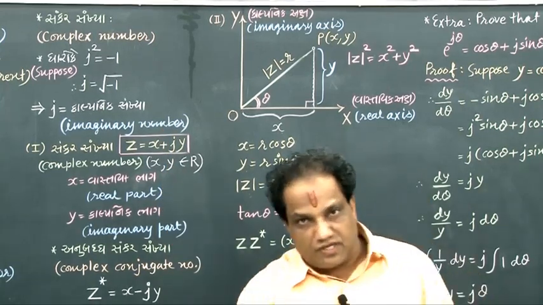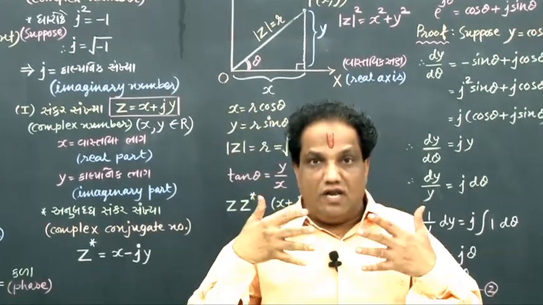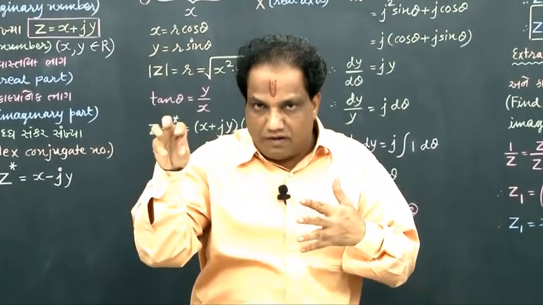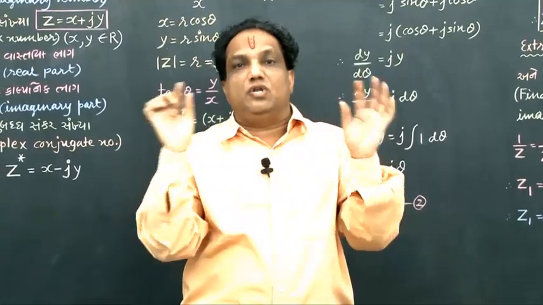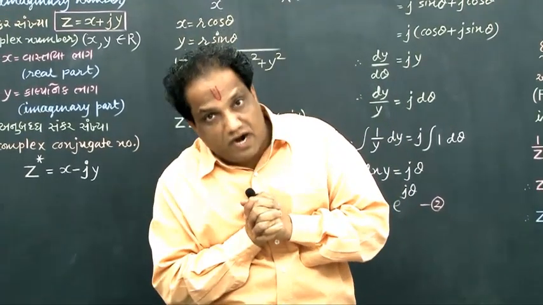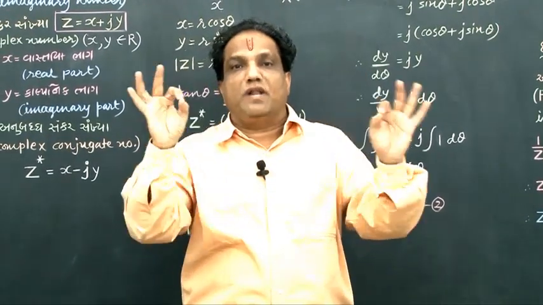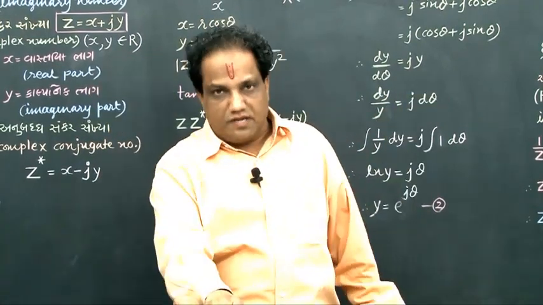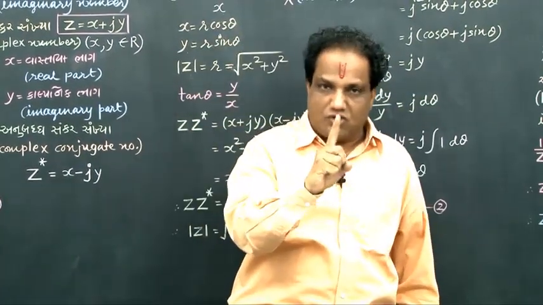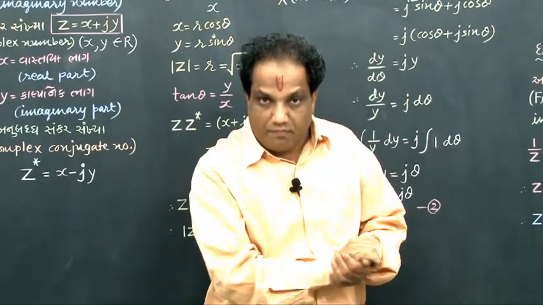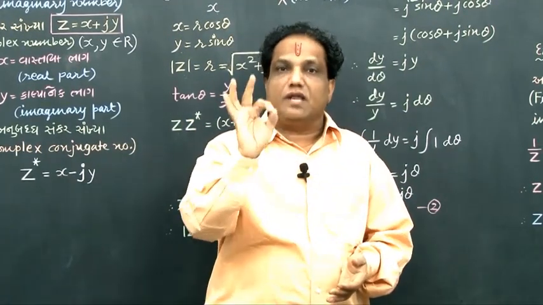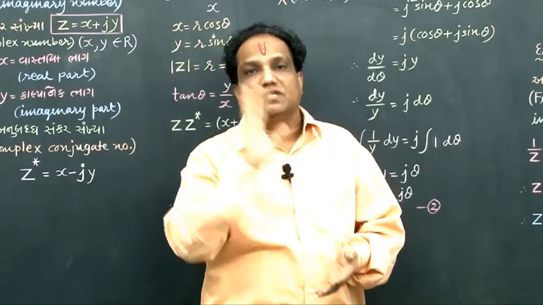Now in mathematics, we have made linear combinations of real numbers and imaginary numbers, and whichever new type of number has been prepared is known as a complex number. Again, a mixture or linear combination of real and imaginary number gives a number which is called a complex number.